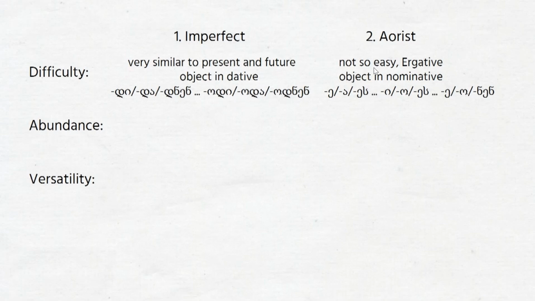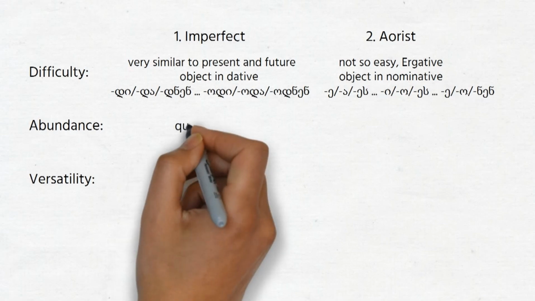The aorist is not so easy. You have to remember to use the ergative. The object is in nominative case. We saw in the verb zer the EAS aorist, but there are several kinds of aorist, so I don't know exactly, but 5, 6 different kinds with some exceptions for some verbs, etc. So this is quite a bit more effort to learn the aorist.